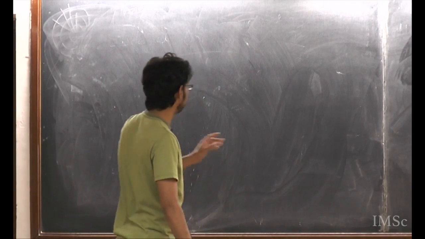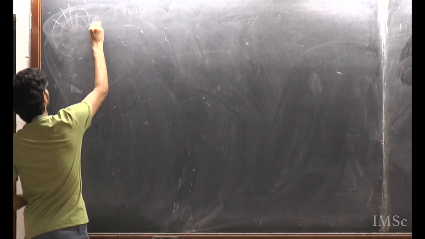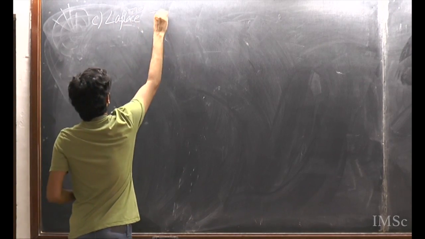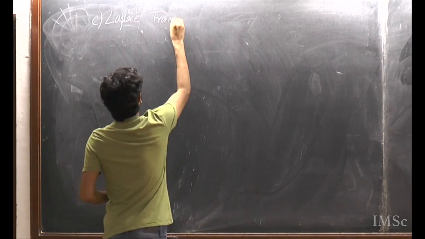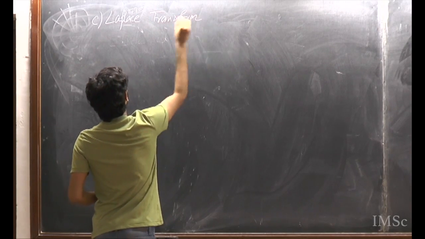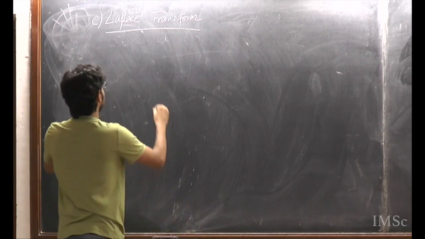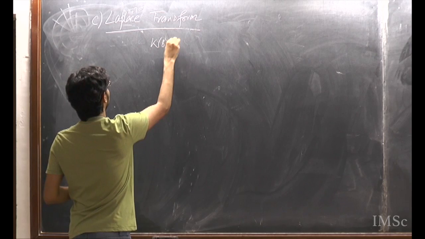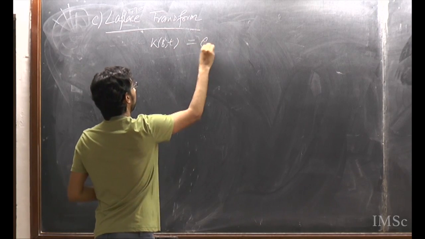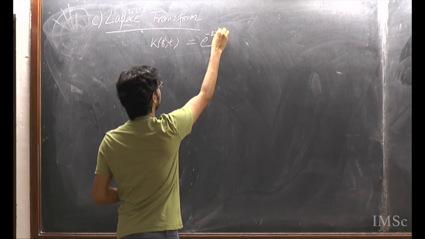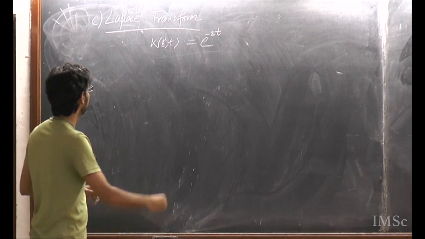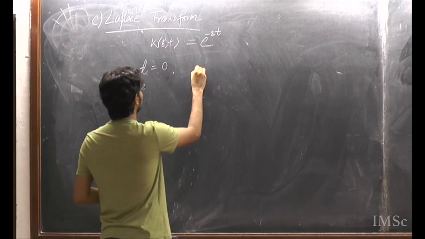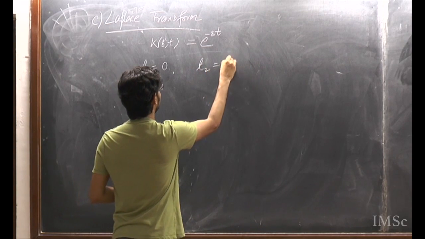So let me just go straight to the Laplace transform. So here K(s, t) is exponential of minus st. Okay? t1 is 0 and t2 is plus infinity.